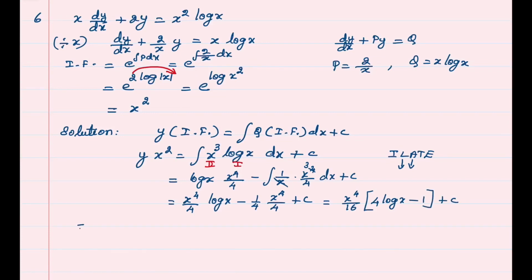Now, we will divide throughout by x square. Therefore, y is equal to x square divided by 16 times 4 log x minus 1, plus c divided by x square.